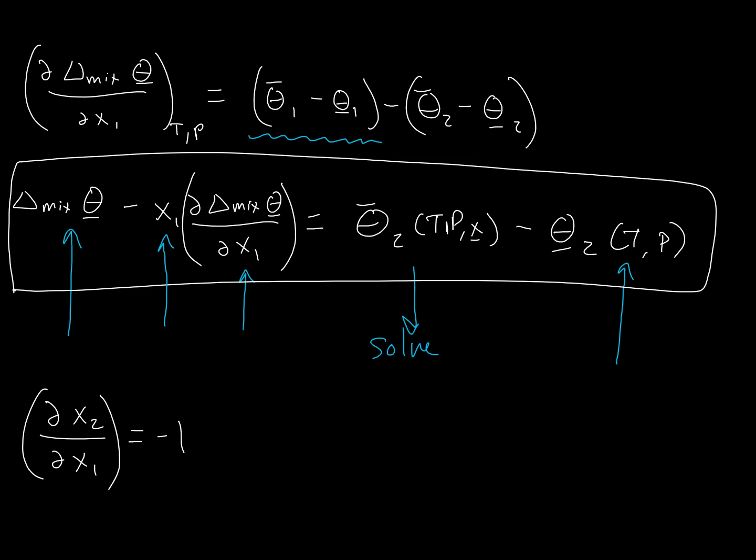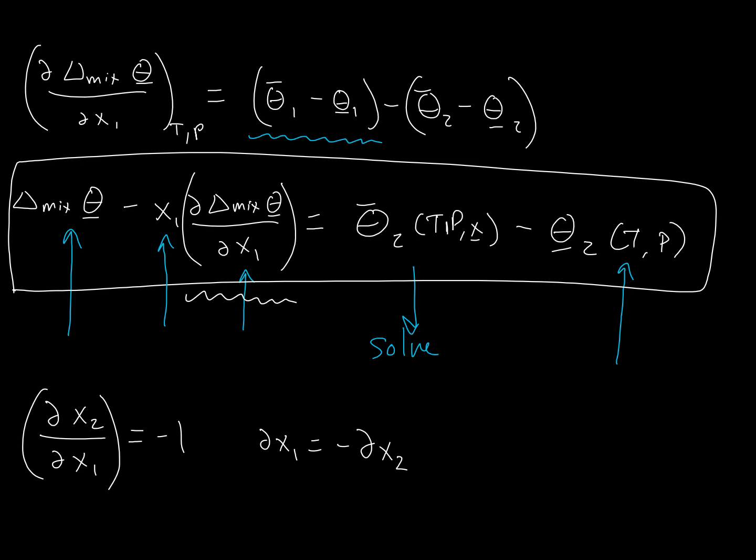So the other option too is that once we've evaluated this derivative, we can just say that dx1 is equal to minus dx2. So we can be a little bit clever about our math and don't have to reevaluate everything completely.